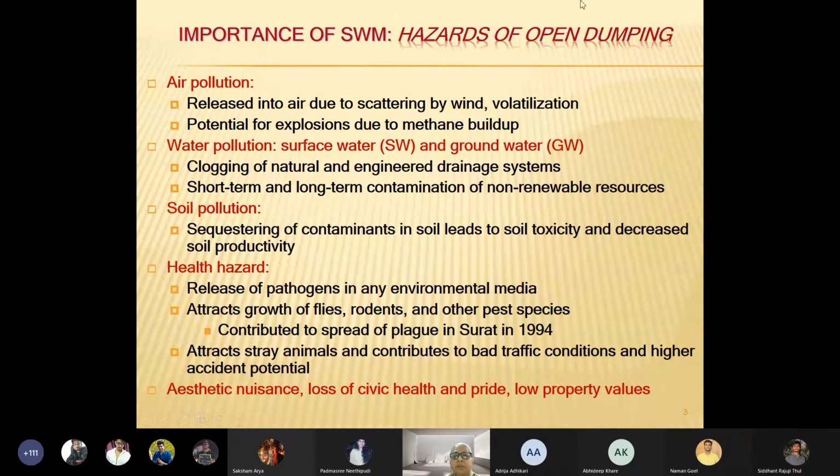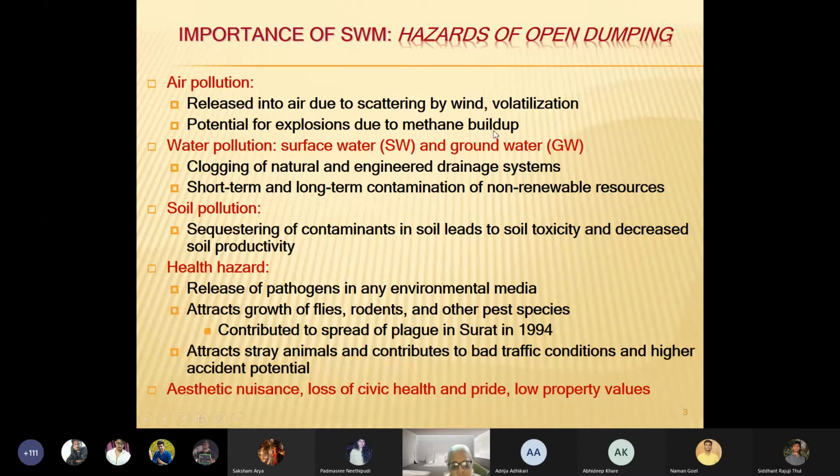So what is the problem? What are the hazards associated with open dumping of solid waste? Whether it's of a hazardous nature or whether it's municipal solid waste, either way, it's bad for the environment. If you dump any material in the open, whether it's hazardous or non-hazardous, when the material is released into the air, it's going to be scattered by wind.